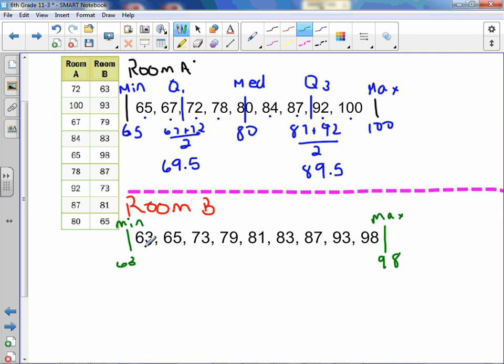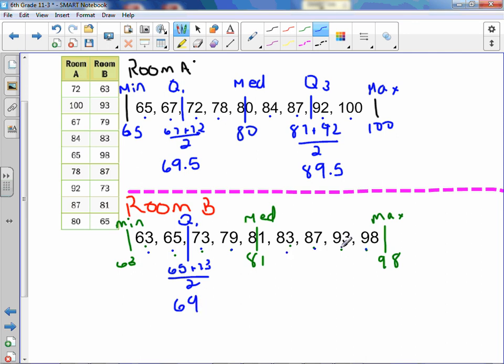Let's find the middle, or median. Our median is 81. And let's find our first and third quartiles. Here's quartile 1, which is 65 plus 73, divide by 2, and you would get 69.